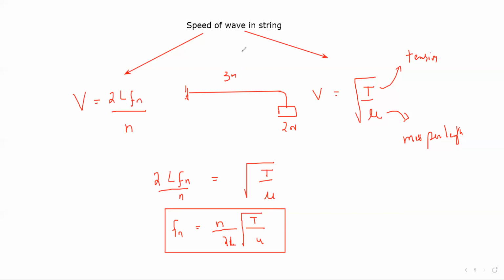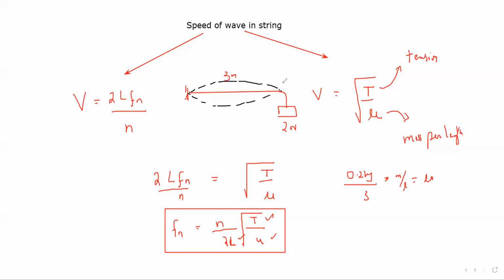For the mass per unit length, if they mention the mass of this string is, for example, 0.2 kilogram, and we know the length is 3 meters, then mass divided by length gives the mass per unit length, which is mu. So we will have T, we have mu, we have the length. And if we say it is vibrating in one loop, like this vibration pattern.